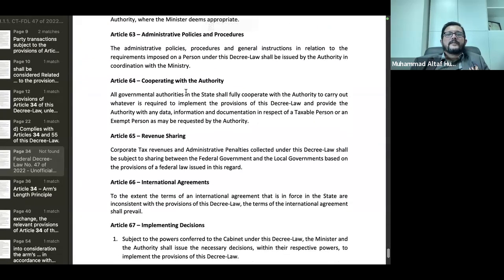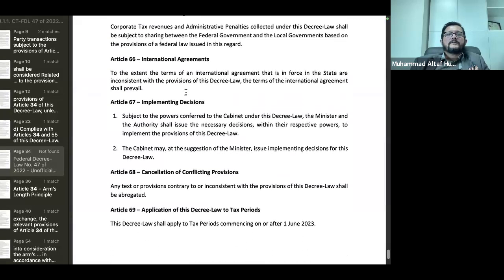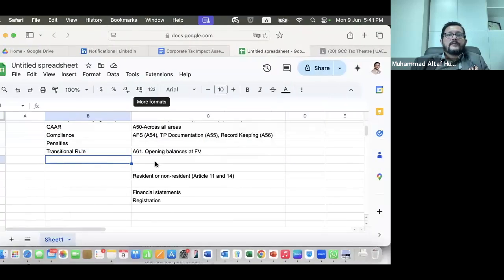Closing. So that covers this. Article 66, international agreement, also has something to do with double taxation. To the extent that the terms in force in the state are inconsistent with the provisions of the decree law, the terms of the international agreement shall prevail. Do you know what? Vienna Convention, Article 66. DTAs are applicable.